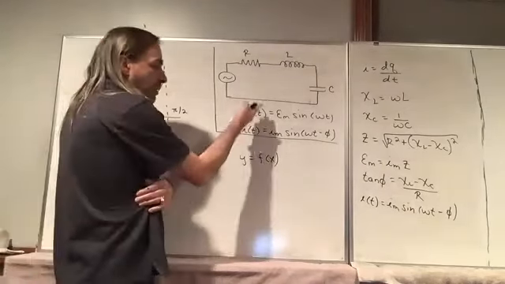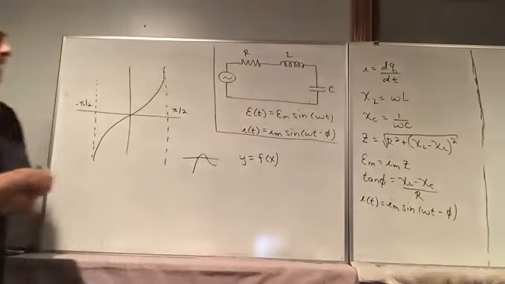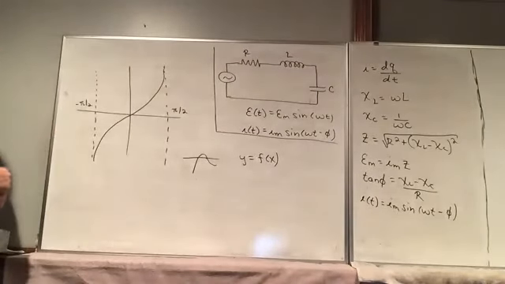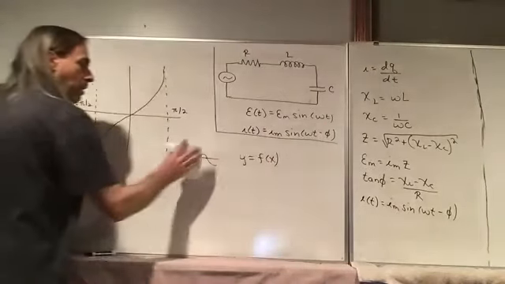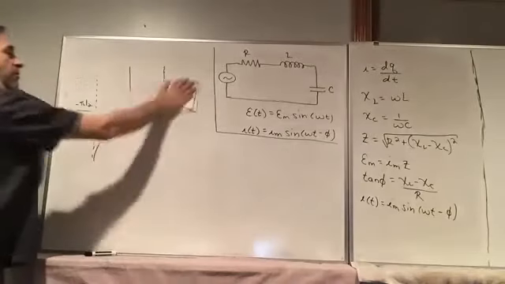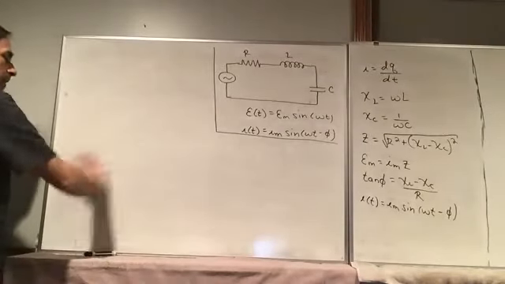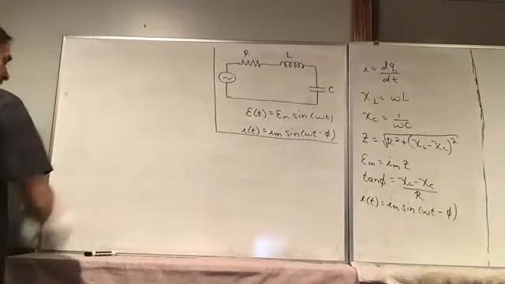And which one is leading, is the current leading the voltage, or is the voltage leading the current? That depends on the sign of phi. So I just want to point out that it could take on positive or negative values.